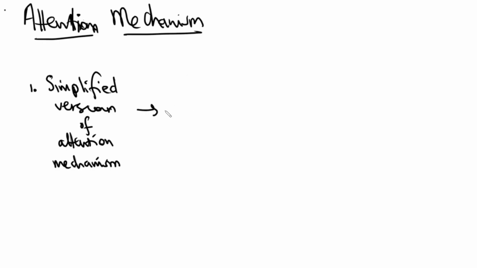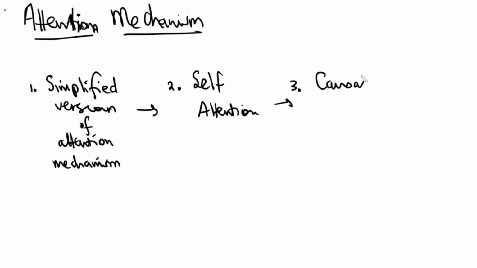And then from there, we'll build on it and we'll talk about something called self attention. And then after that, we'll get into causal attention. And lastly, we will talk about multi-head attention mechanism.